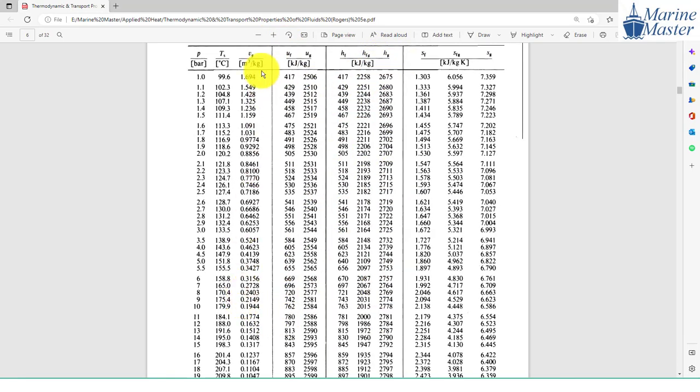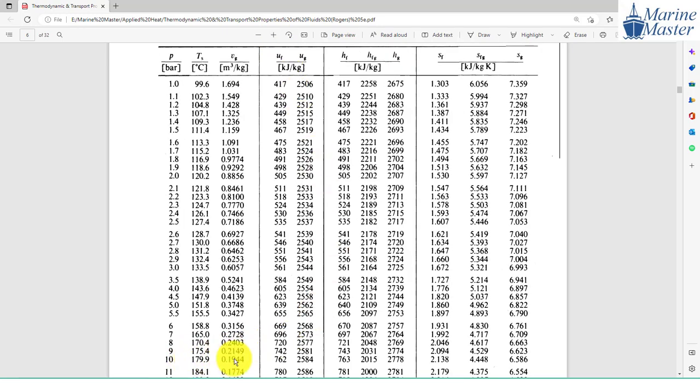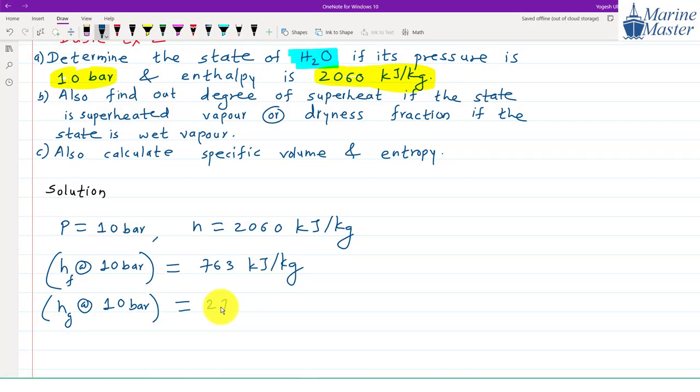Okay, see this one, 10 bar, and here the corresponding Hg. This value is visible to everyone. This value will be 2778. So the value of Hg at 10 bar we are getting is 2778.